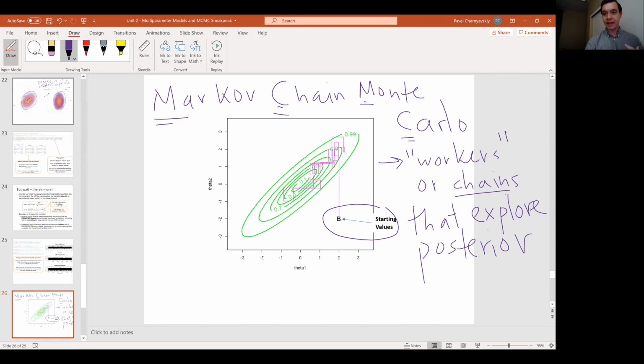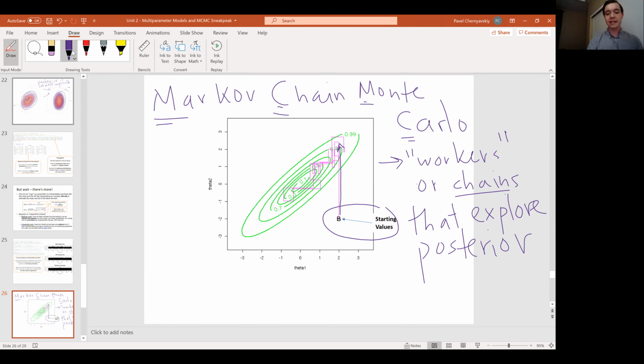But there will be an algorithm involved that will help us essentially narrow in on the area of the posterior that is most likely. Now, I know that's not exactly how it went. It doesn't go in a spiral like that. But you can see already that our first step is a good one.